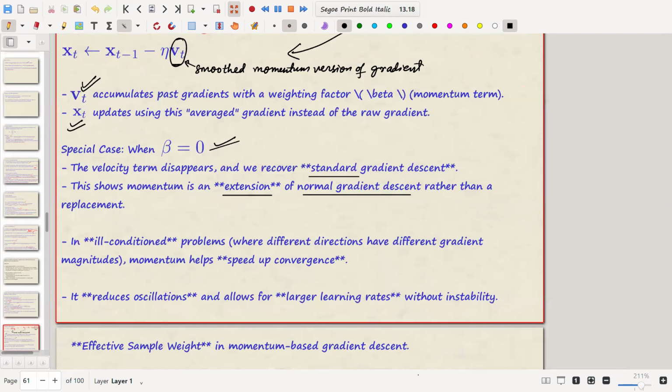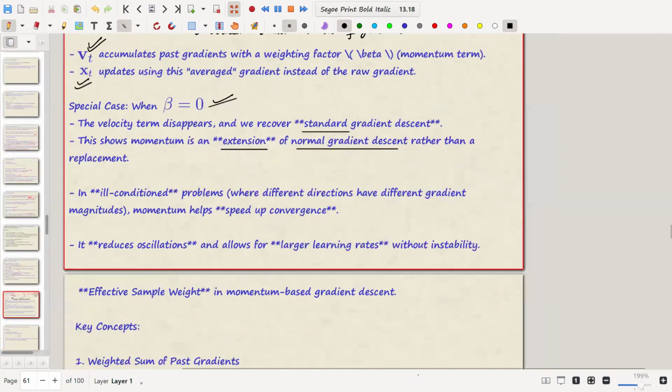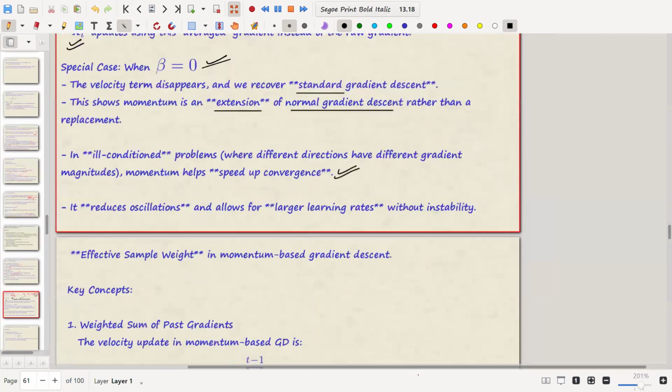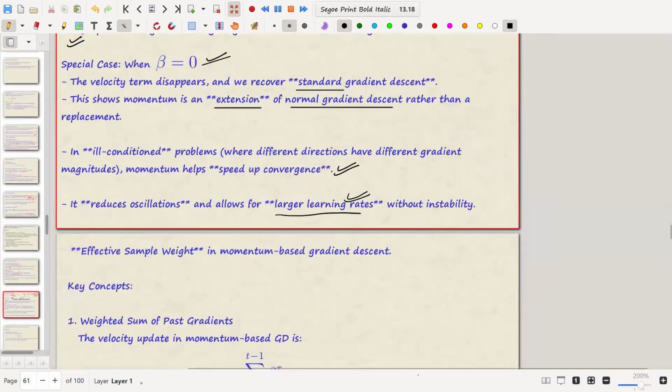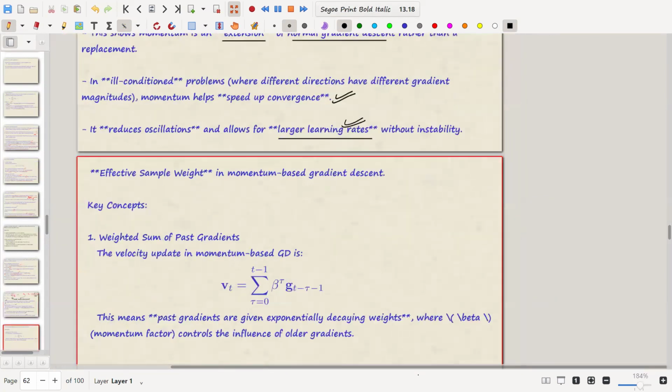You are not replacing gradient descent, rather you are generalizing it. In ill-conditioned problems, momentum can speed up convergence compared to gradient descent. It reduces oscillations and allows for larger learning rates without instability.